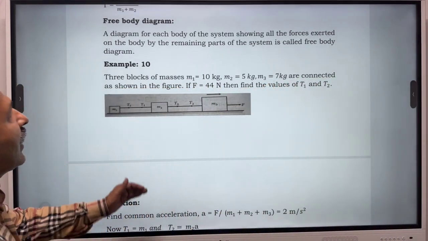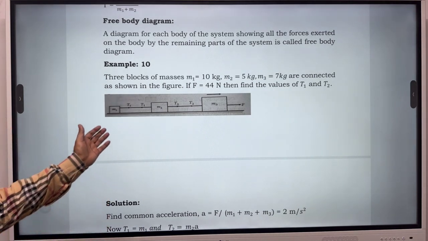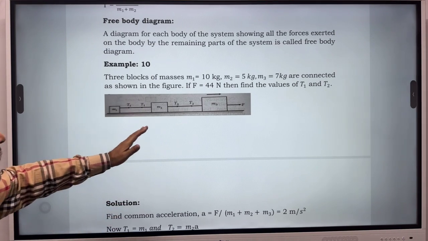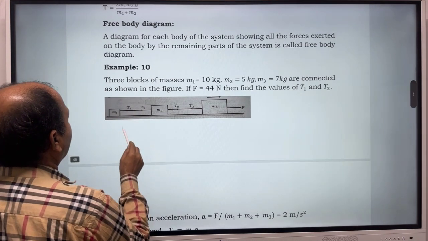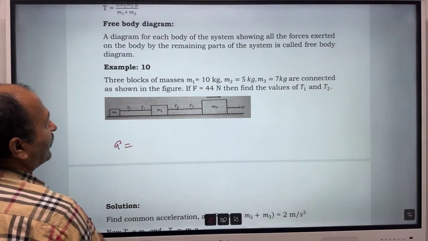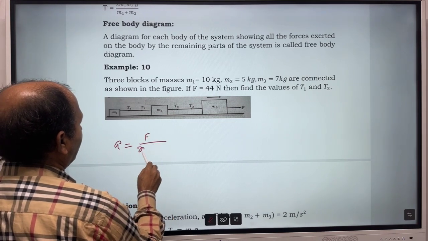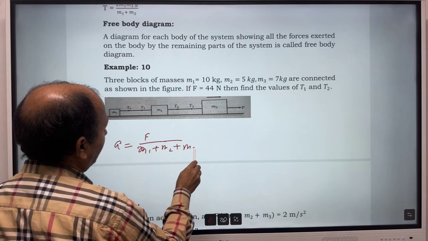Now, on the basis of the concept that we have studied, we can easily find what is T1, what is T2. So here it is obvious. Suppose you want to find out T1. So first of all, you have to find out what is common acceleration. So common acceleration will be F divided by M1 plus M2 plus M3.